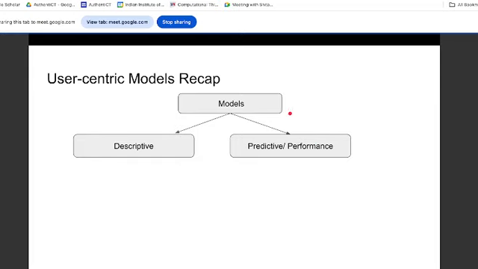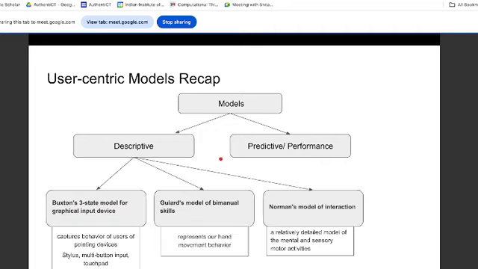So, there were two types. One was descriptive, and the other one was predictive or performance or predictive engineering models. In the descriptive models, we studied three examples. One was the three-state model for graphical input devices. There we looked at examples such as stylus or touchpad, and how they capture the behavior of users while pointing, using the pointing devices.